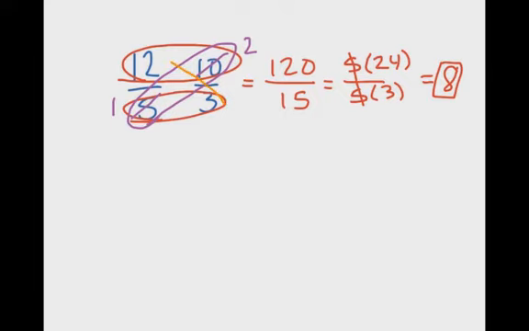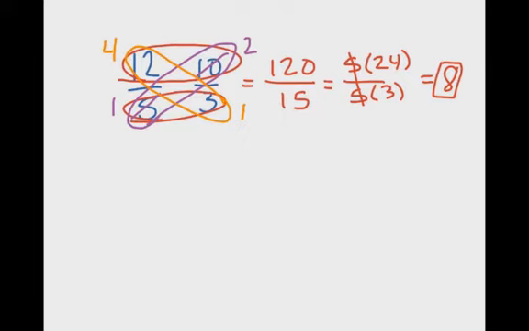Next, we can look at our 12 and 3, and they have 3 in common. So 3 divided by 3 would be 1, and when we pull a 3 out of 12, we would be left with 4. Now that we've reduced, we can multiply straight across.